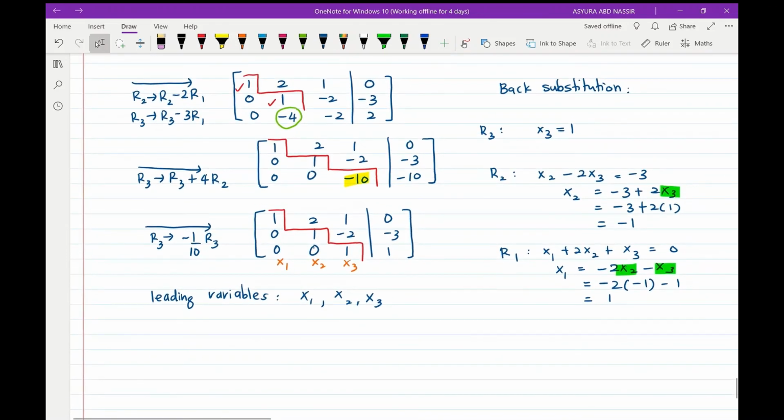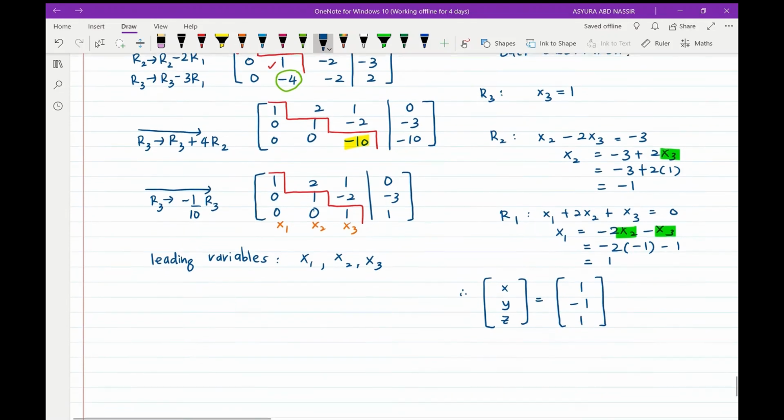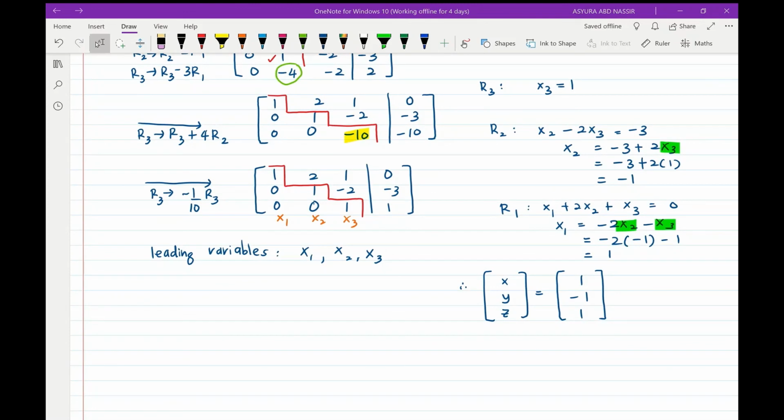So now your answer is x, y, z equals 1, negative 1 and 1. So for this system, we say that it is consistent. The system is consistent and it has a unique solution.